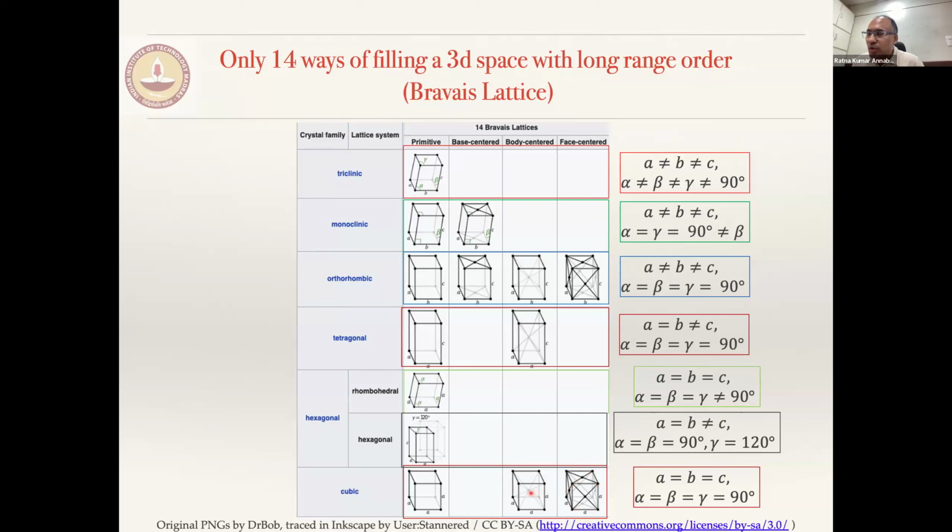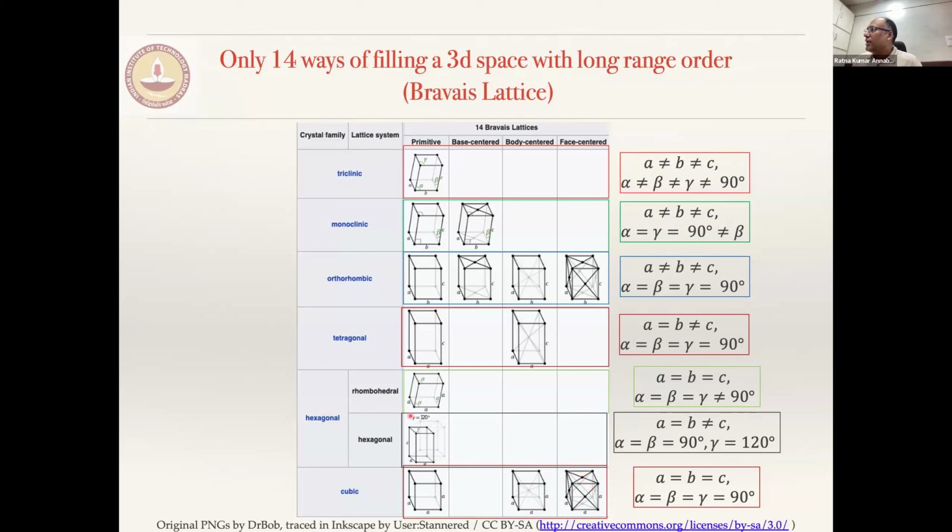Body-centered means that in addition to the corner atoms, you will have one atom at the body center. Face-centered means each face center will have one atom. All these are cubic crystals, just that one is a primitive cubic crystal and another is a face-centered cubic crystal.